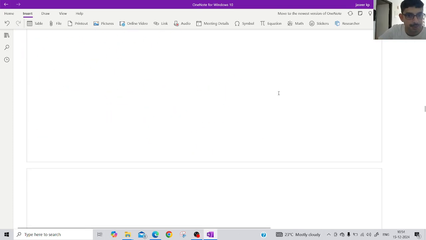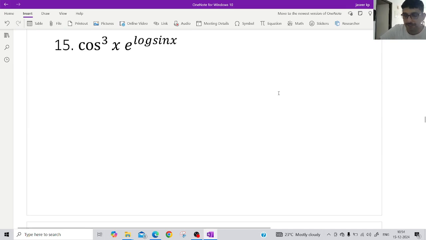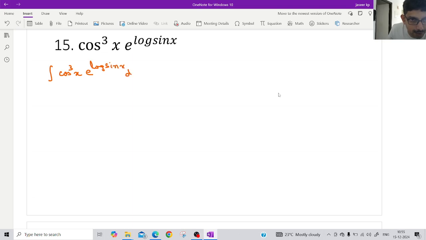Now we'll move to the next problem. 15th one, cos cube x e power log sin x. E power log sin x is nothing but sin x. So cos cube x into sin x dx. So this can be done with the help of substitution. Put cos x equals to t.